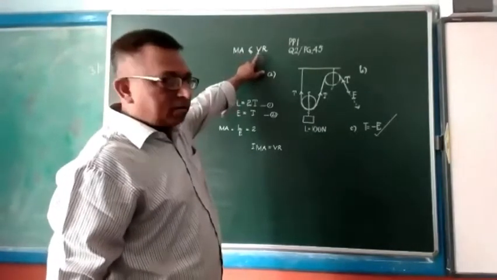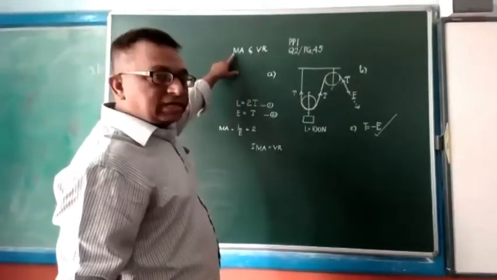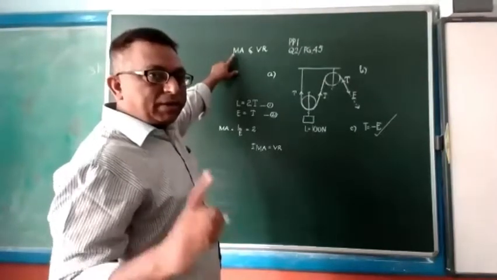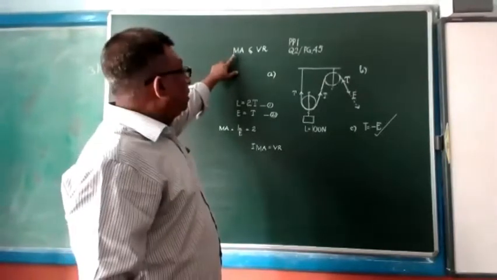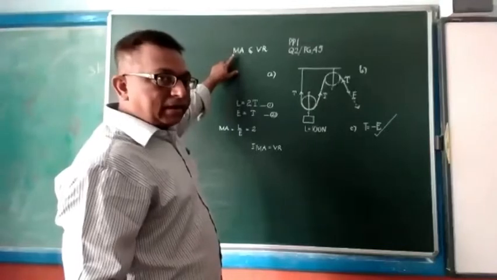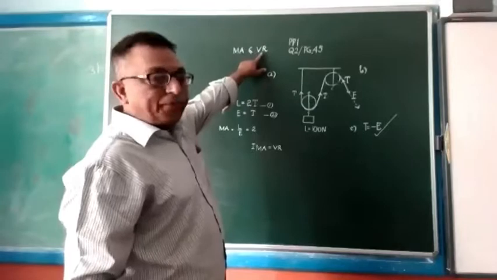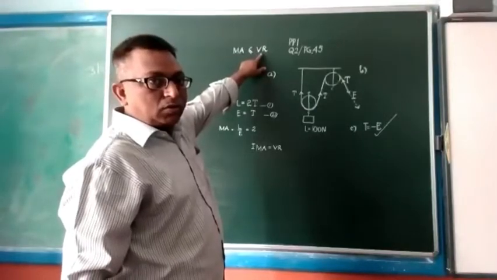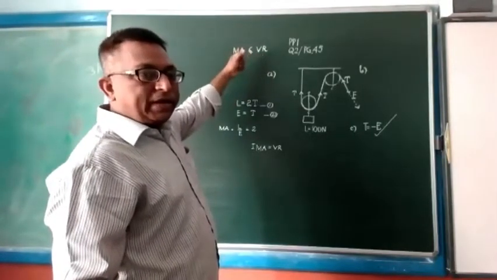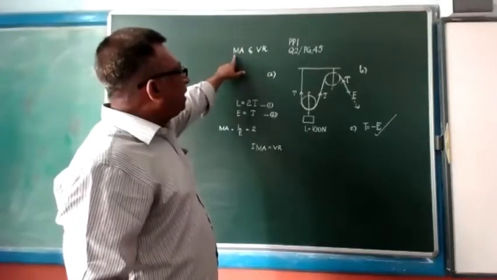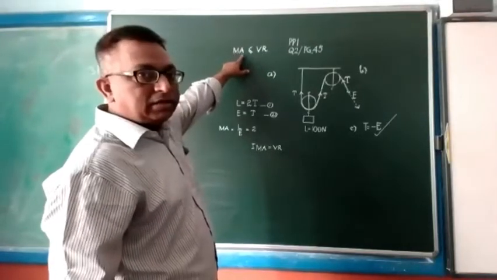Case number 1. And if the given machine is ideal, perfect, then mechanical advantage is always equal to velocity ratio. Case number 2. In that case, we can write IMA in place of mechanical advantage.